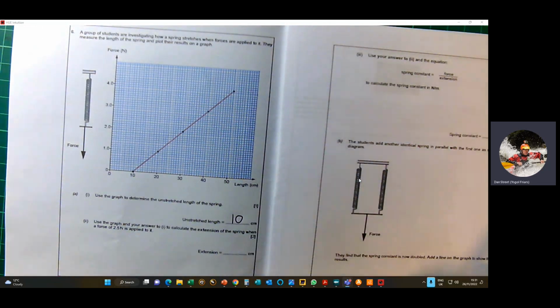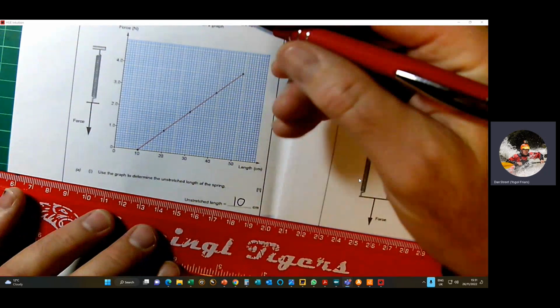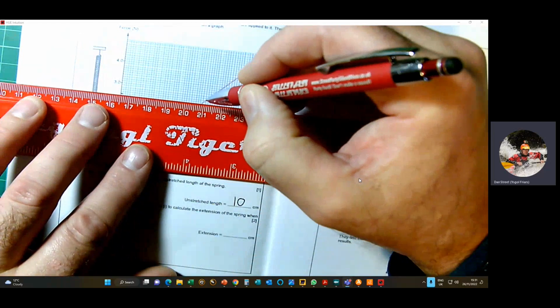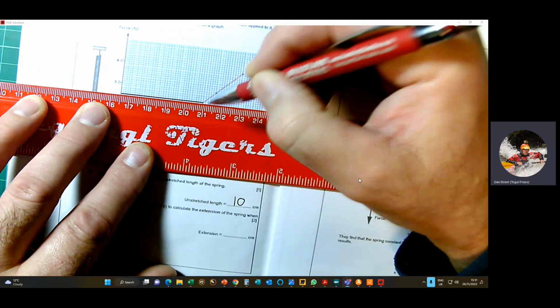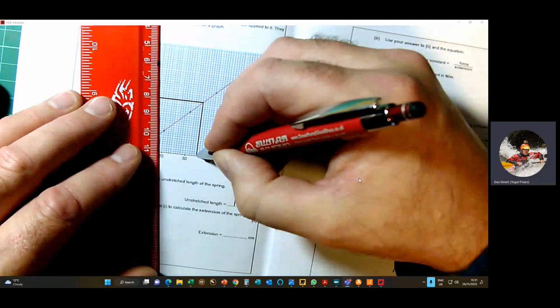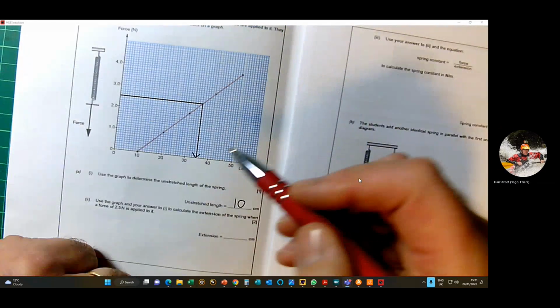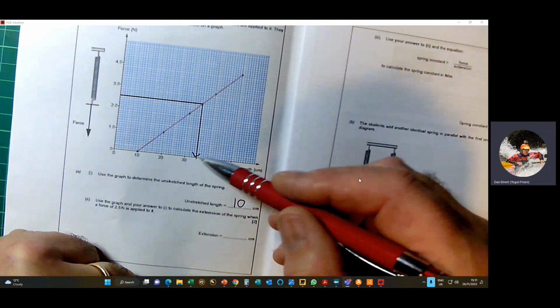Use the graph and your answer to part one to calculate the extension of the spring when a force of 2.5 newtons is applied to it. So first thing we need to do is to find where 2.5 newtons is. There's 2 and there's 3, so 2.5 is in the middle. If we then draw a line from that point towards our line of best fit, and then drop a vertical line down, then that will tell us the length of the spring, but we need to remember that the question's not asking for the length, it's asking for the extension.